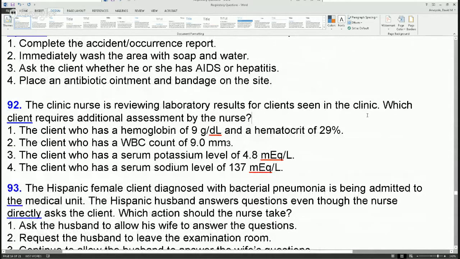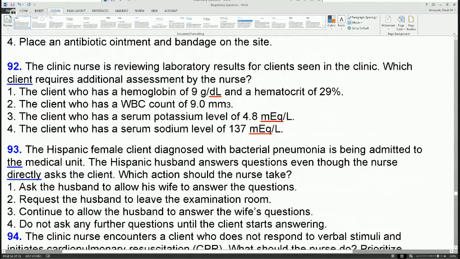All right, Aaron. Clinic nurse is reviewing lab results for clients in the clinic. Which client requires additional assessment by the nurse? Number 1 is low, but number 3 is worse.